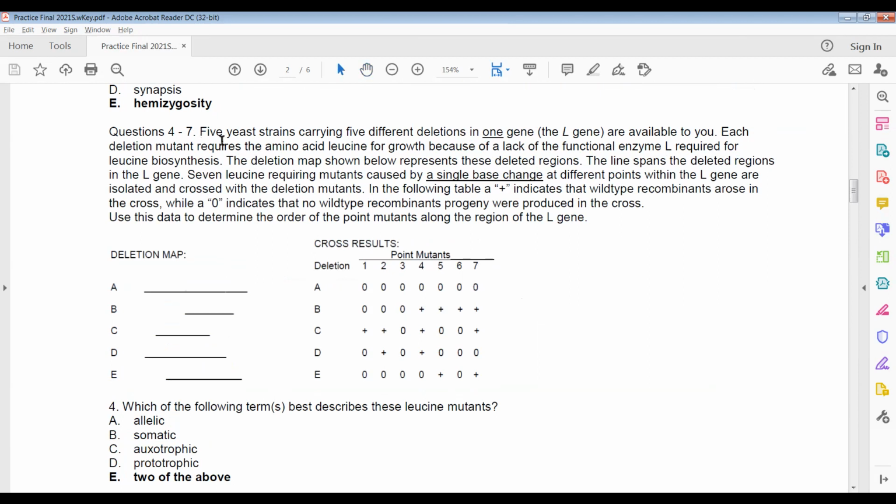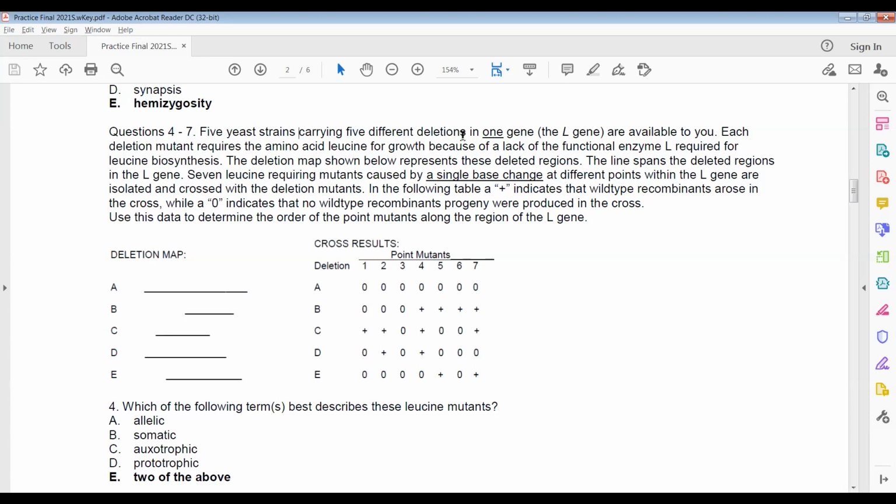We have 5 yeast strains, A, B, C, D, E, and each carries a different deletion. But this is different from what we have shown in the lecture and seen in the quiz.